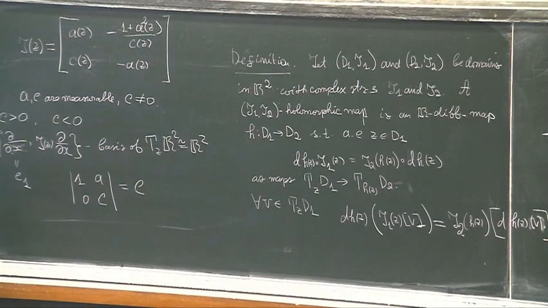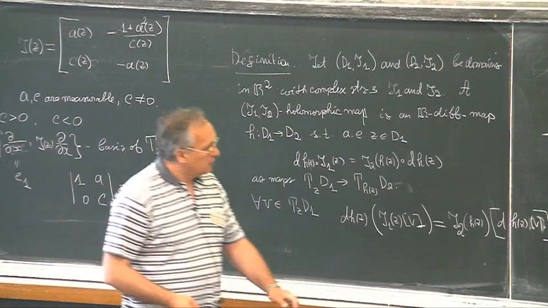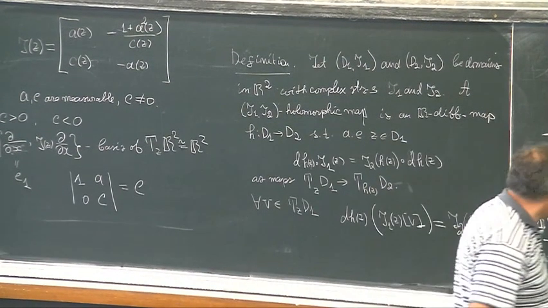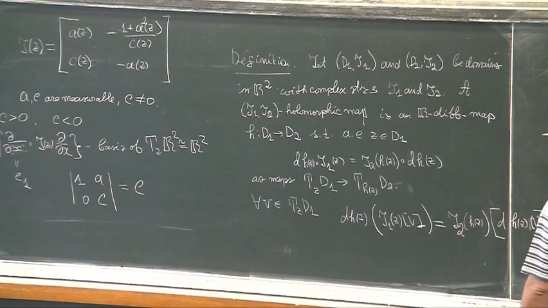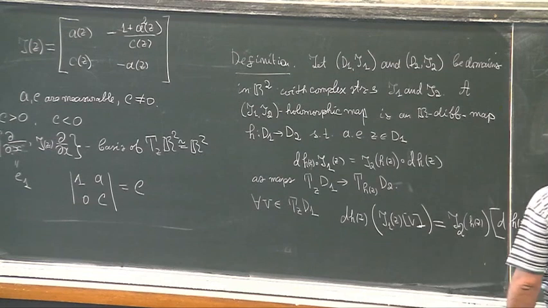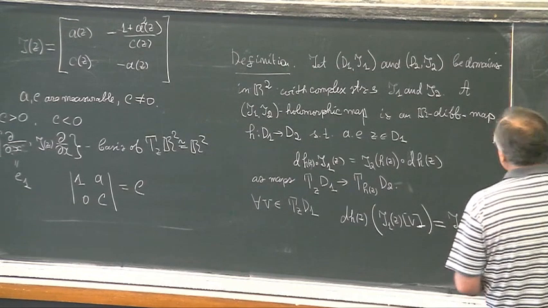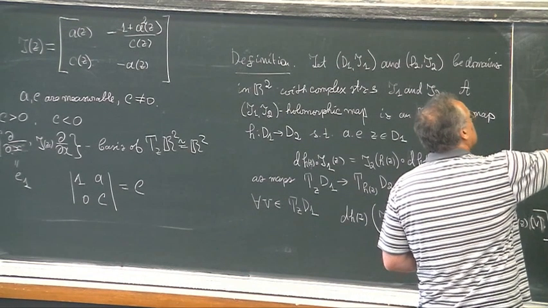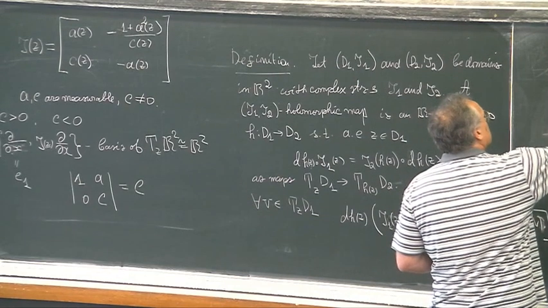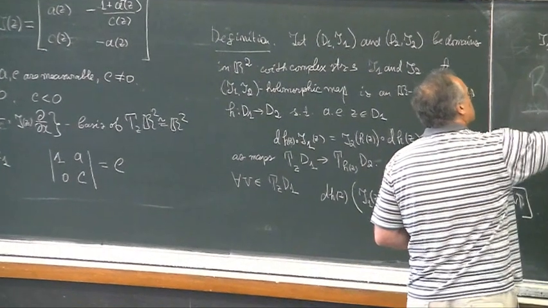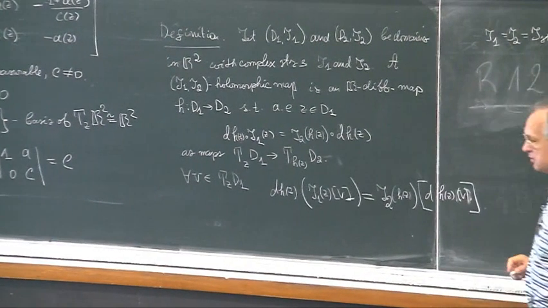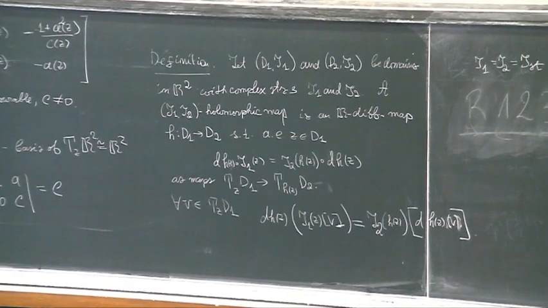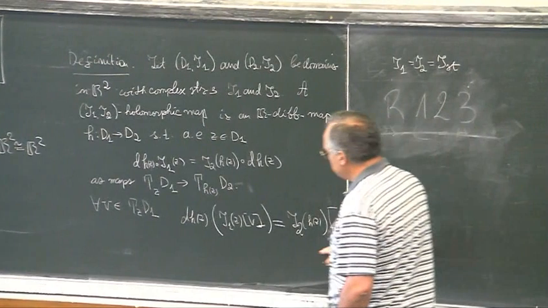Well, let us make a simple computation. Suppose that both structures are standard. J1 equal to J2 is the standard structure, which means multiplication by I. So let us see what that means.